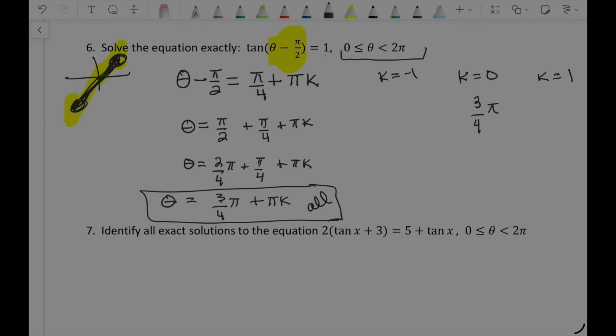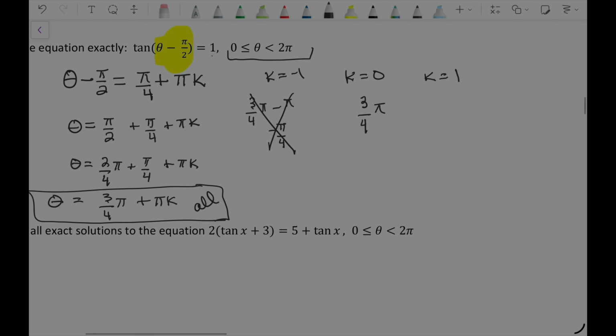If k is a -1, we would have 3/4 pi minus pi, and that's a -1/4. Well, that's below our region of interest. If k is a 1, we'll have 3/4 pi plus 1 pi. Right?